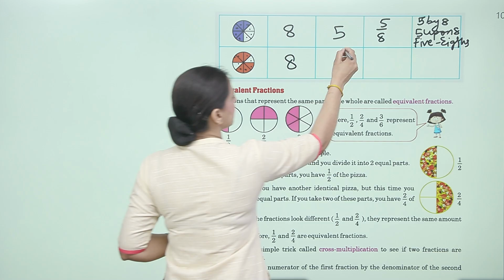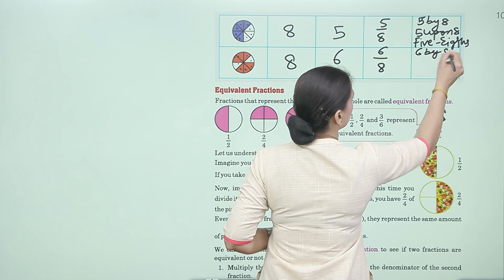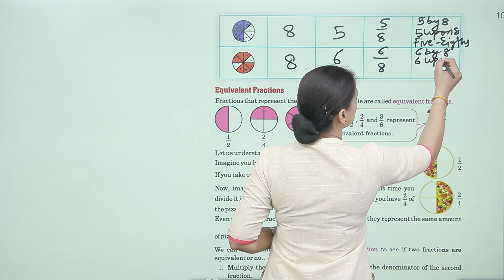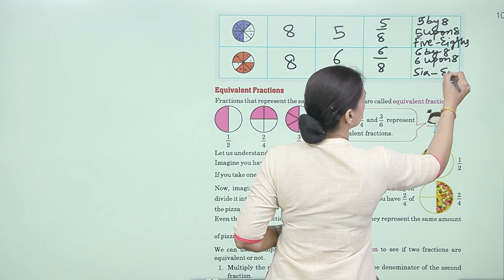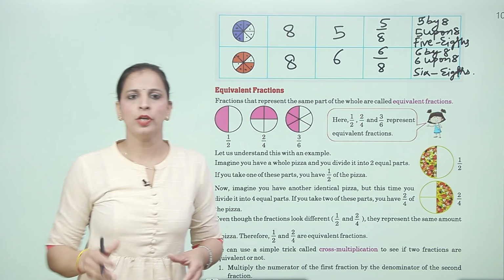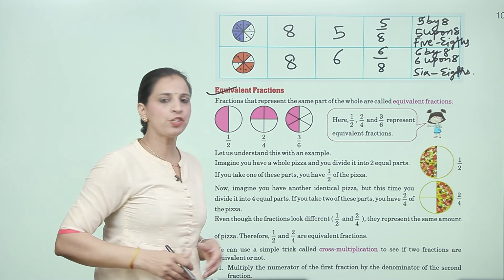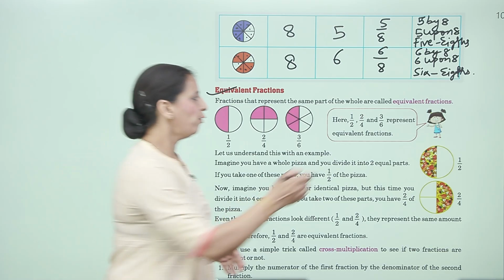Total is 8 and 6 are colored. 6 by 8, 6 by 8, 6 upon 8, 6/8. Now equivalent fractions. Fractions that represent the same part of the whole are called equivalent fractions.